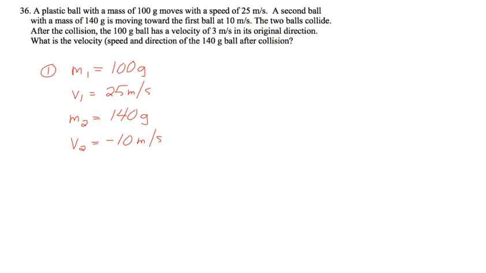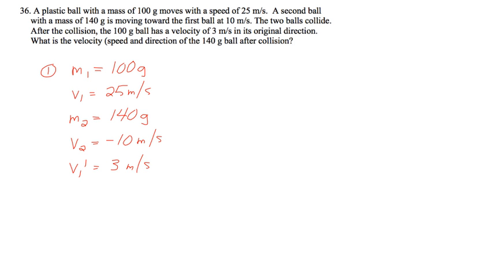And then it says the two balls collide. After the collision, the 100-gram ball, so also make sure you match up: the 100-gram ball is the first ball, the 140 is the second ball. So when they say after the collision the 100-gram ball has a velocity of 3 meters per second in its original direction, that's going to be v1 prime, 3 meters per second.